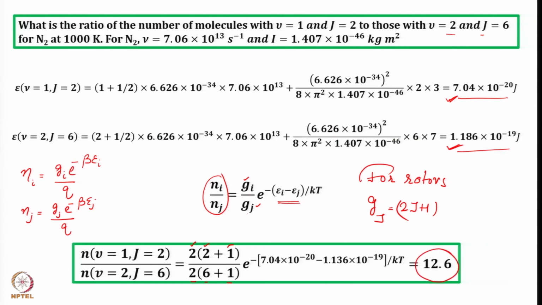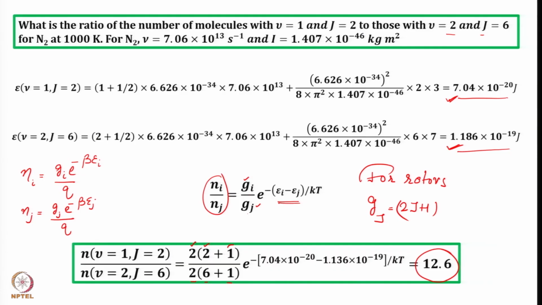12.6. What was the question given to us? What is the ratio of the number of molecules with v equal to 1 and J equal to 2 to those with v equal to 2 and J equal to 6 for nitrogen at 1000 Kelvin? Since these quantum numbers belong to different modes of motion, the problem becomes a little complex.